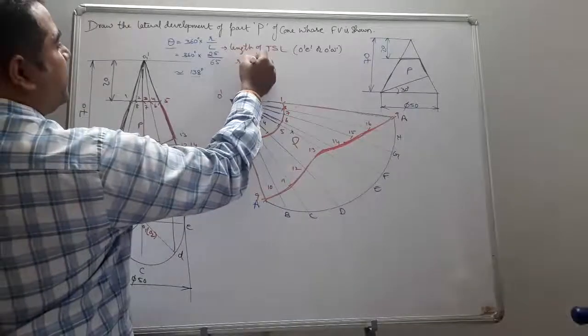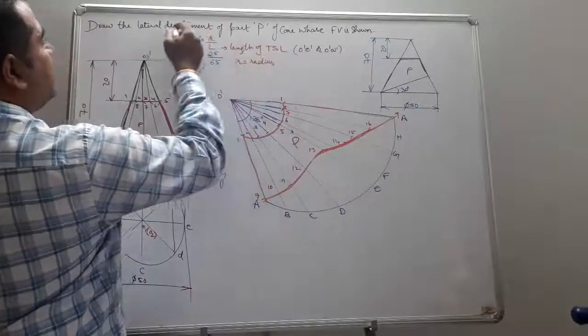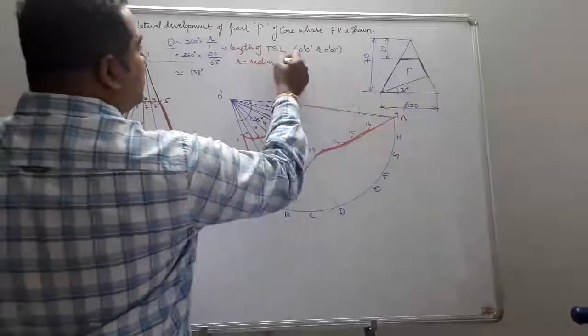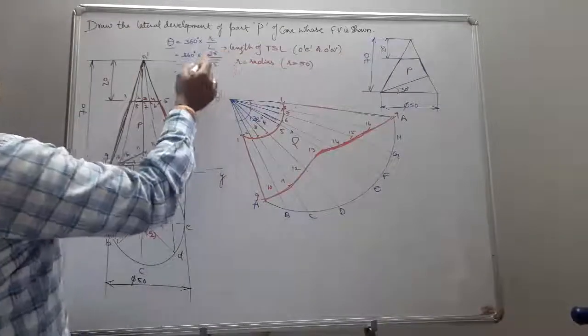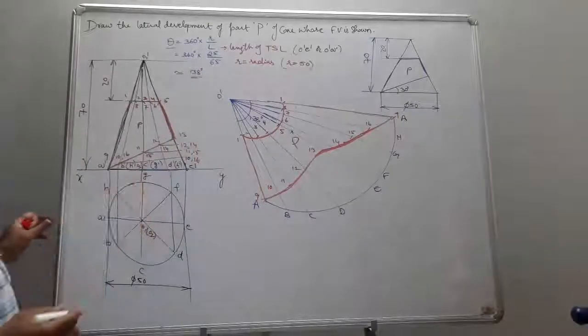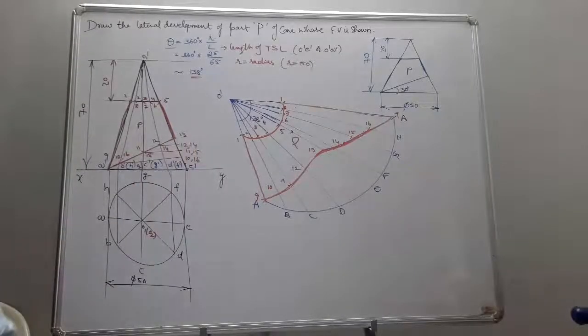Given that the diameter is 50, R becomes 25. For that, I obtained the value like this: 138. Is it okay? L is the length of the true slant. You just measure it.